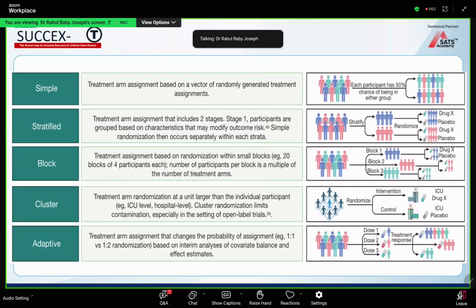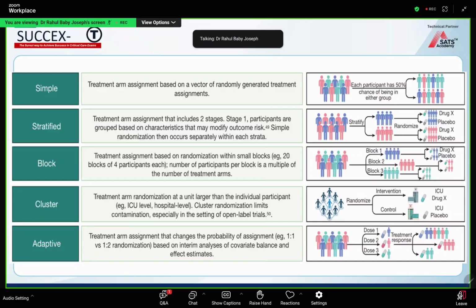It equalizes your baseline characteristics, so both the groups have an equal number of people, and the baseline characteristics are also matched. In cluster randomization, instead of randomizing individuals, they randomize in clusters, that is in groups. This is more done for public health research studies.